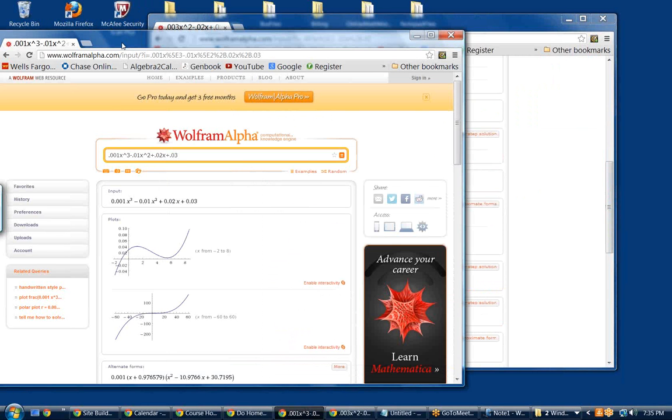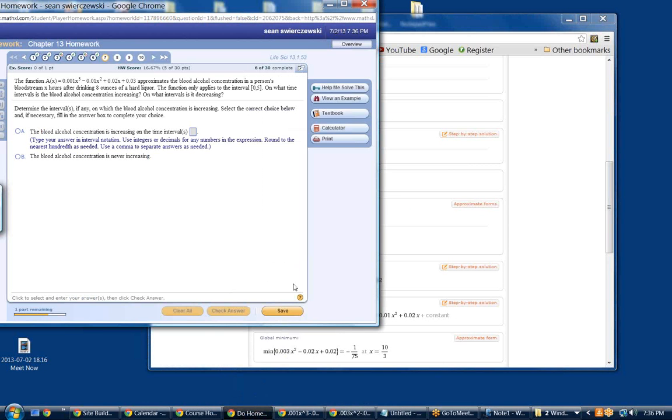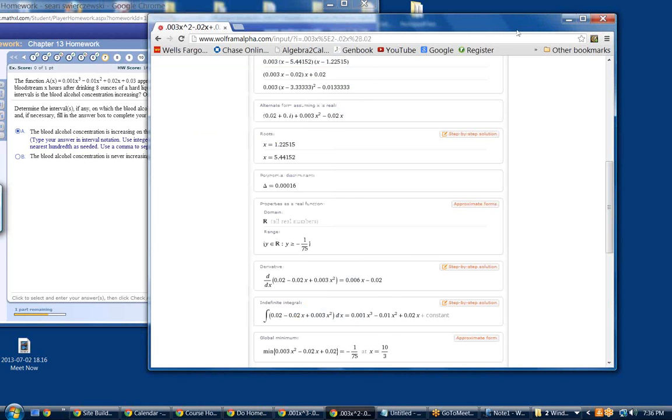1.225. So it's increasing from 0 to 1.225.